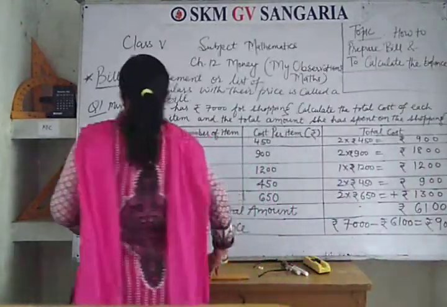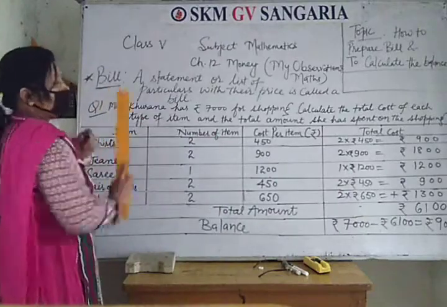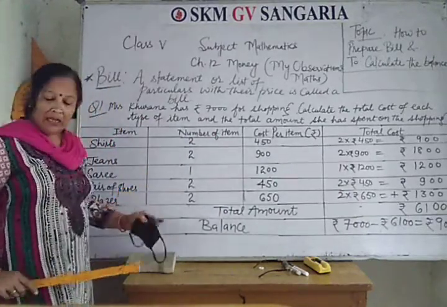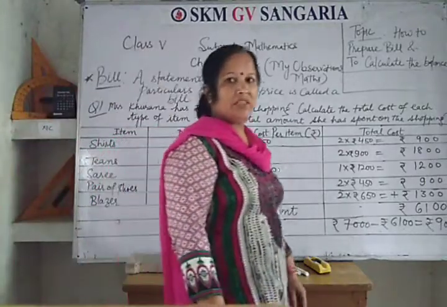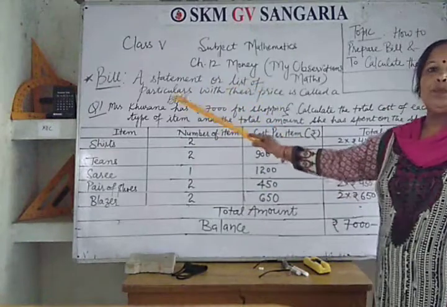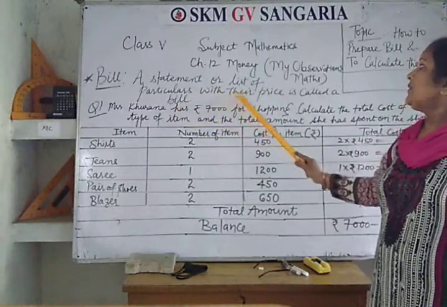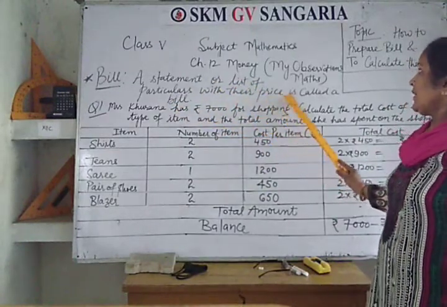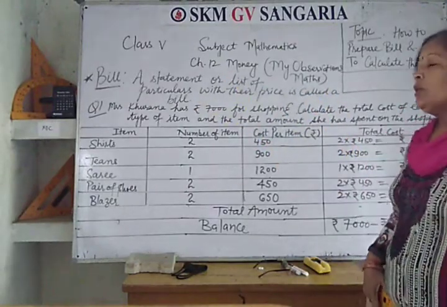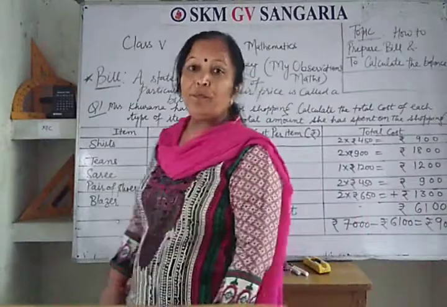In this question, first of all I would like to tell you about a bill. A bill is a statement or list of particulars with their price.